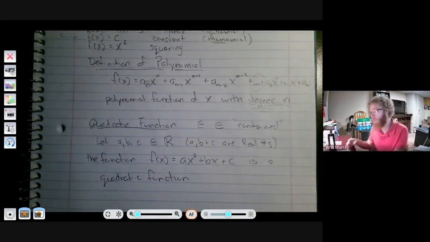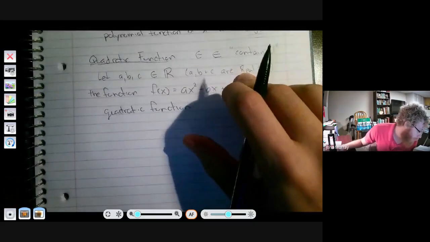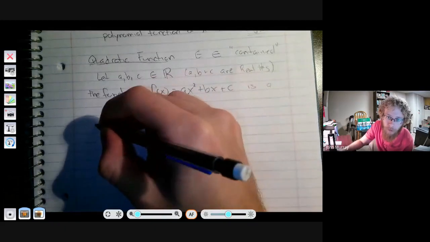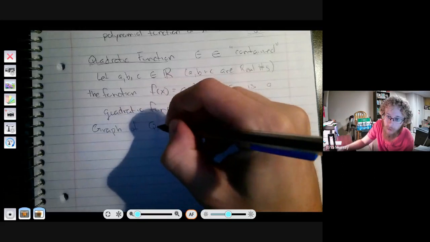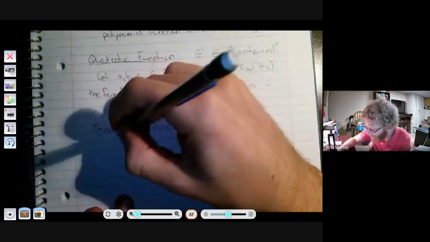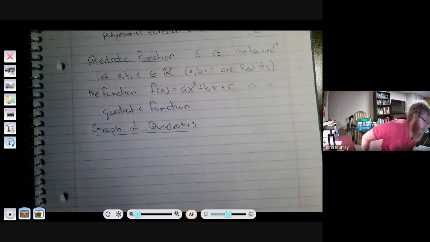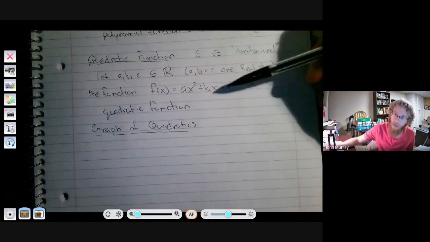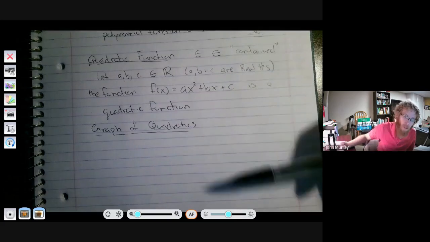All right, so without getting too much further into this, we talked about the graph. There's a few key components of the graph of quadratics that can help us determine parts of the function, or again, we can go to different forms of our function that'll help us with the graph.